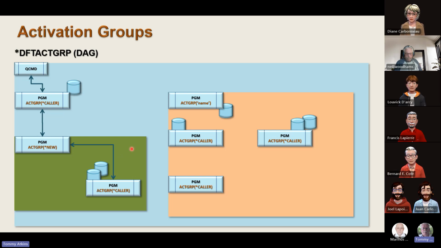Otherwise it can be a problem. And the problem really is if you're splitting these programs up, making them smaller, turning them into procedures and all that sort of thing, it can sometimes be very difficult to track down where the problem is actually coming from. So don't just go ahead and randomly create activation groups.